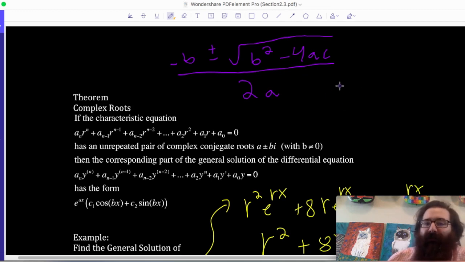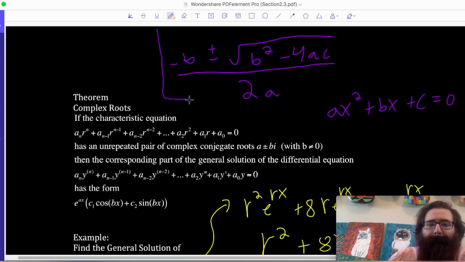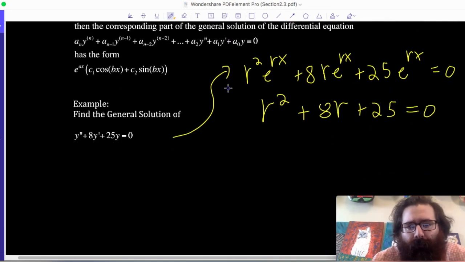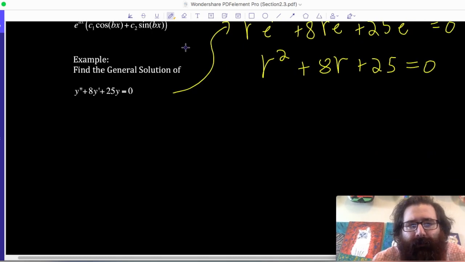And this is going to give me the roots for a quadratic ax squared plus bx plus c equals 0. But of course, we're using it for our quadratic in r. We get these roots. And this is generally how we see this information presented to us, way back in pre-calculus. So I'm going to leave this formula up here, and we're going to go ahead and apply it.